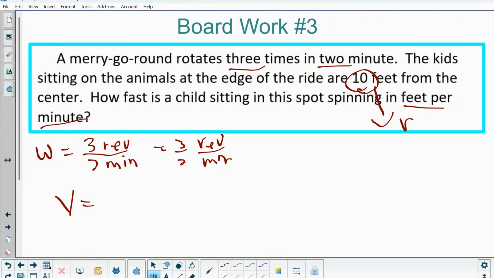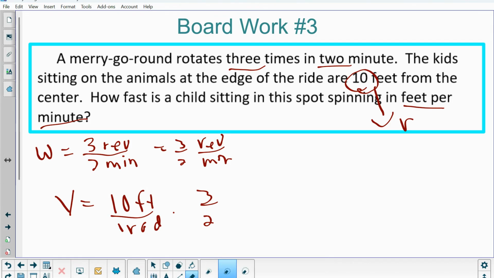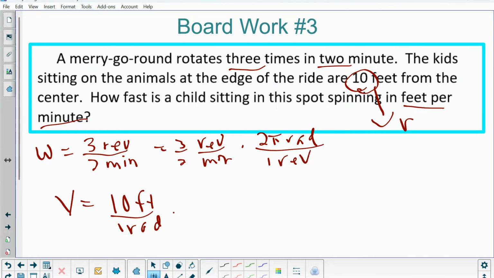So your velocity will be 10 feet per 1 radian times 3 over 2. Well, there's one change I forgot to make, right? I got to change my revolutions. So I'm going to change my revolutions here. I'm going to do 2 pi radians per 1 revolution.